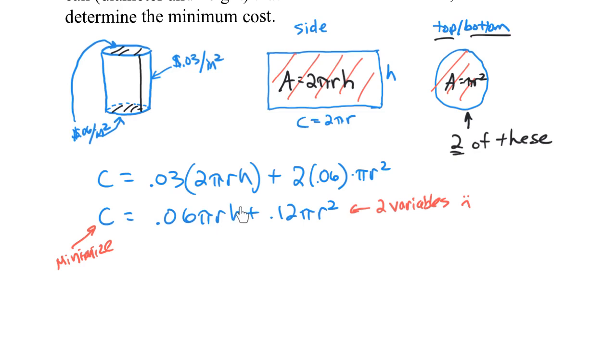And here's where, if you look up the original problem, it says that the volume has to be 231 cubic inches. So we're going to have to use that now. We know that the volume is 231 cubic inches, and for the volume formula for a cylinder, we know the area, and now we need to add a dimension of height.